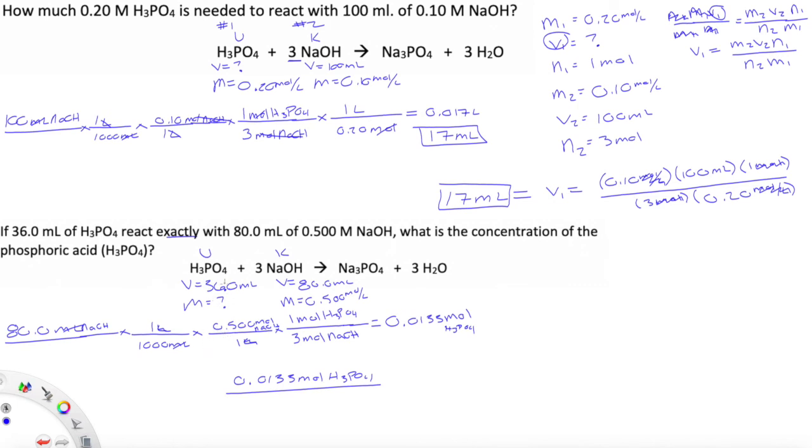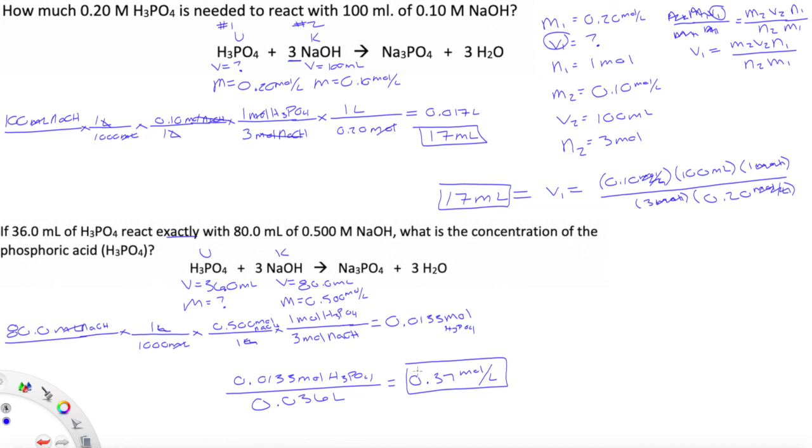I would just divide 36 by 1,000 or move that decimal place over to the left 3 spaces. So 0.036 liters. And that would give me a final answer of 0.37 moles per liter. So there's my concentration right there.